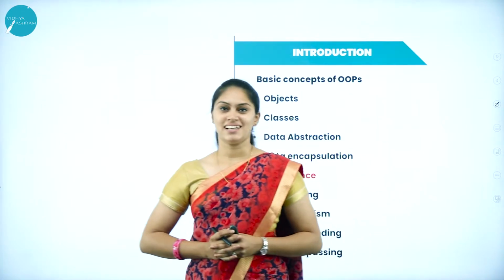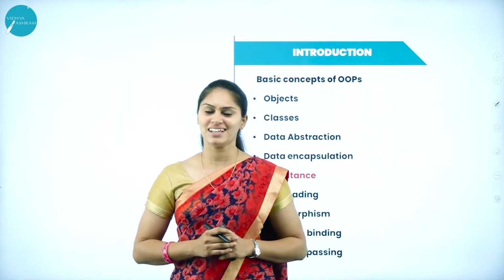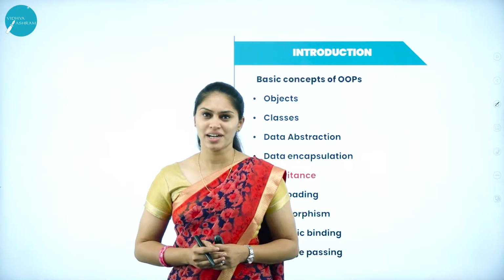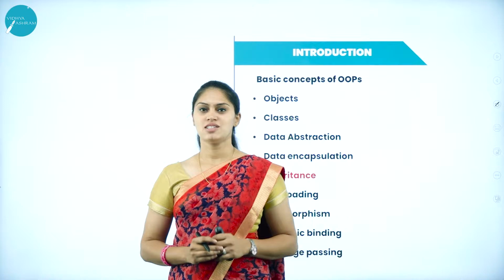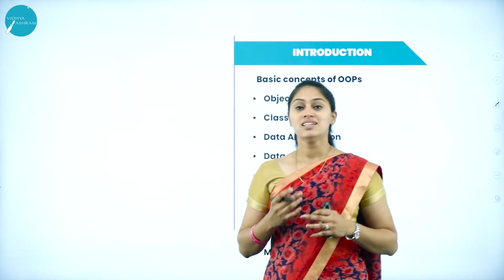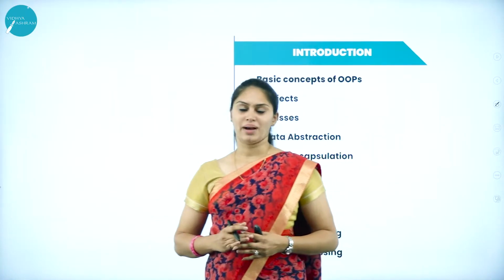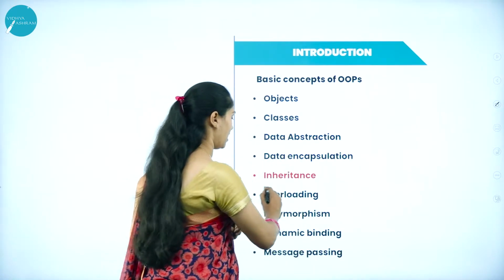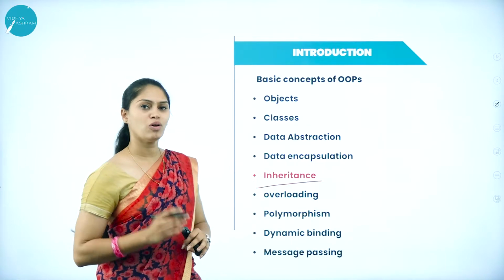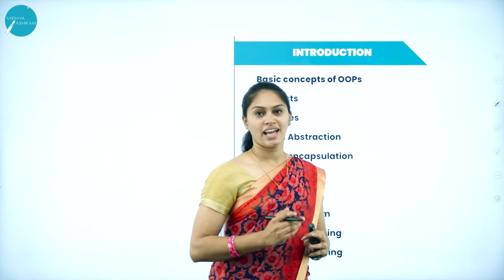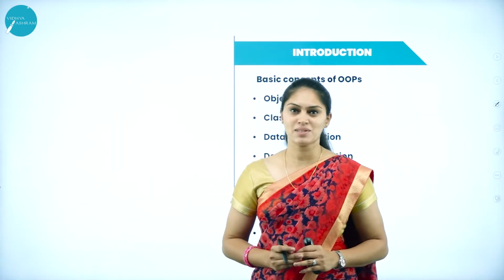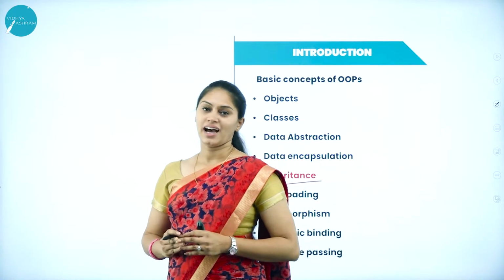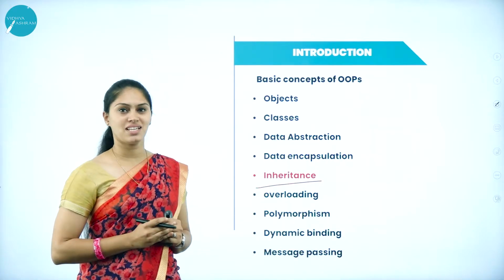That is inheritance. Before getting into inheritance, just recall the basic concepts of object-oriented programming that you learned. In that, it must include a concept called inheritance. So there we have objects, classes, data abstraction, data encapsulation, inheritance, polymorphism, and dynamic binding along with message passing.